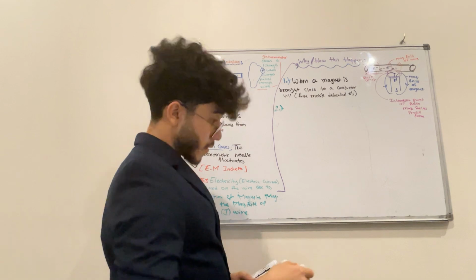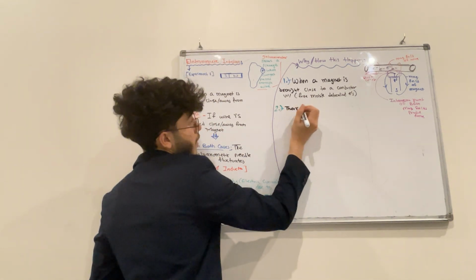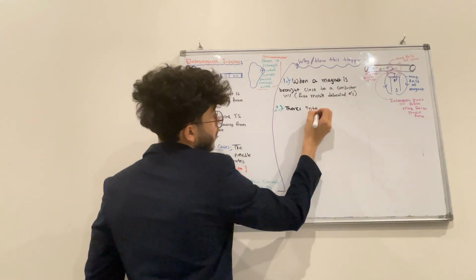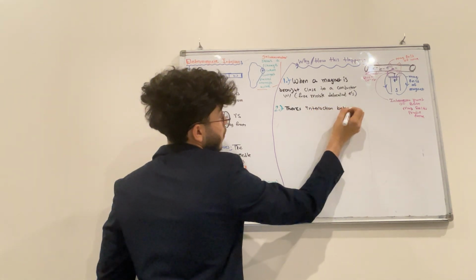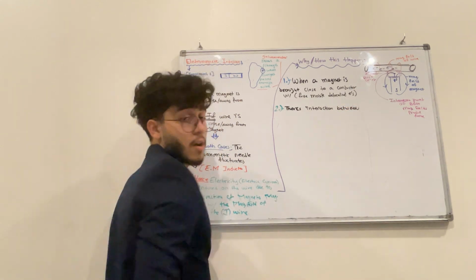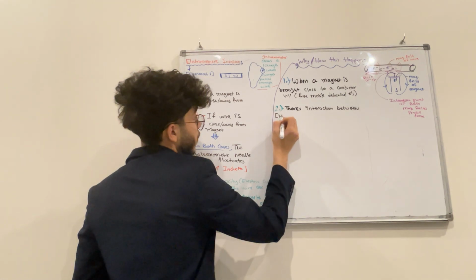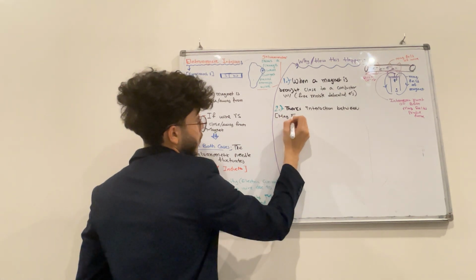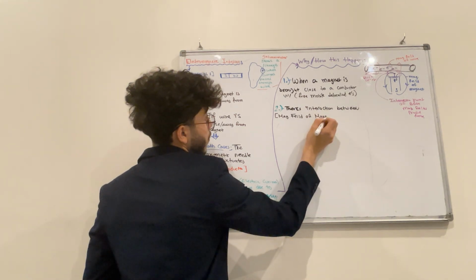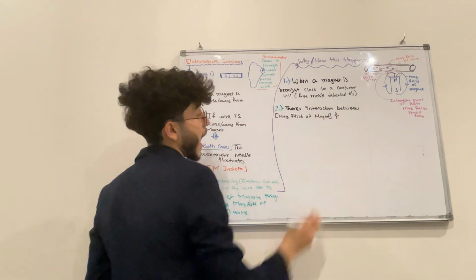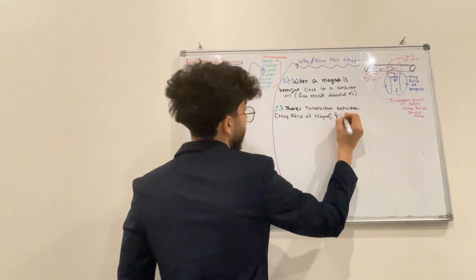What happens is that there's interaction between what? The magnetic field of the magnet, and the magnetic field around the current carrying wire.